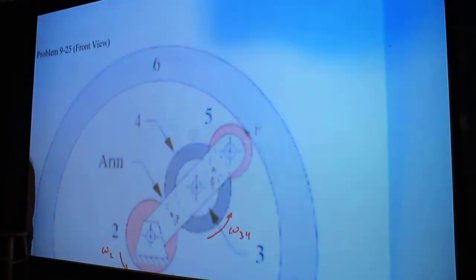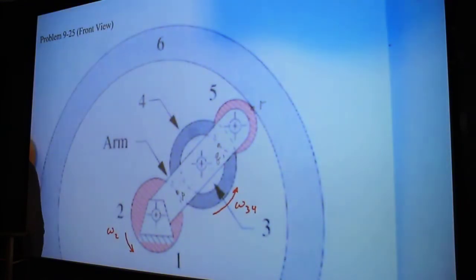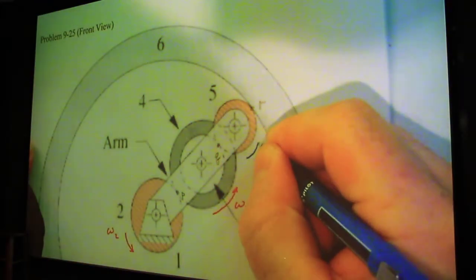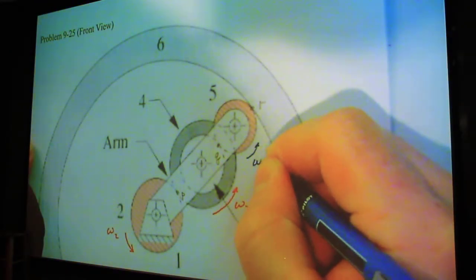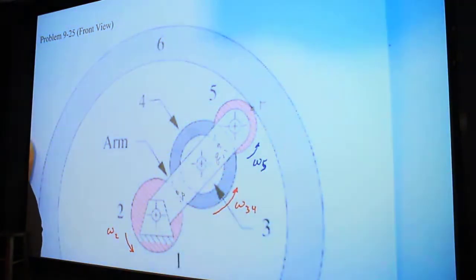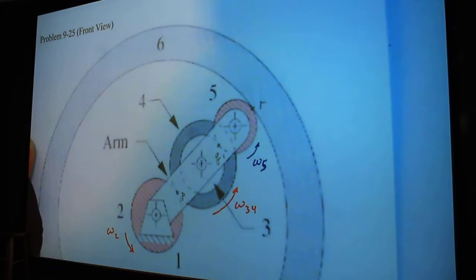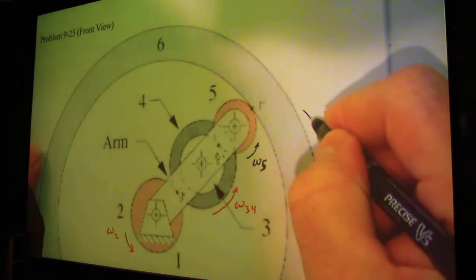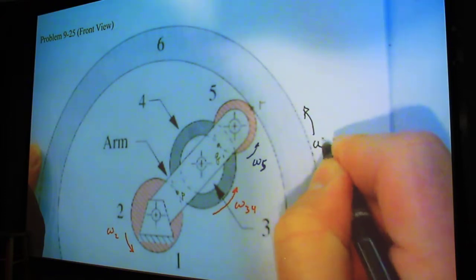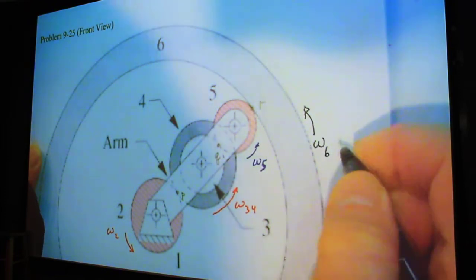All right? And then omega 5 is here. And then we have omega 6 is here. All right.